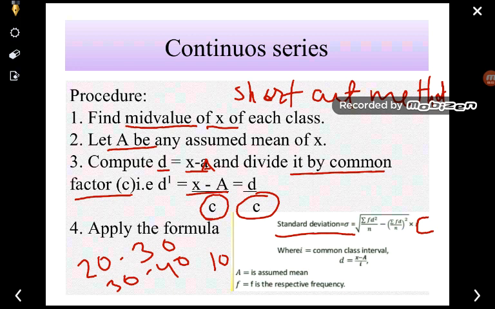D is equal to x minus A divided by the class interval, A is the assumed mean and f is the frequency. We have to apply this formula in order to calculate the standard deviation in the continuous series.